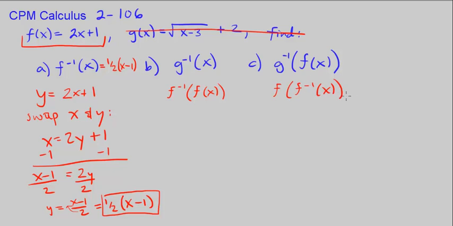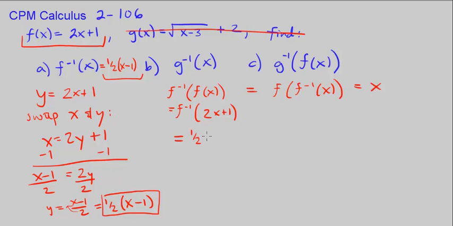If these both equal x, then we know this is correct. So let's check this really quickly. Our inverse function with the input of f of x, which is 2x plus 1, as the input.